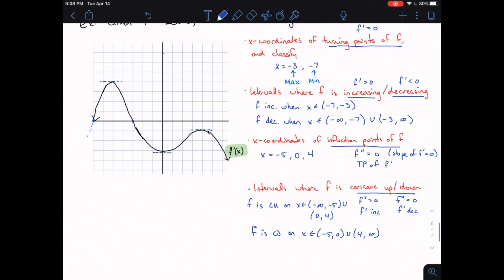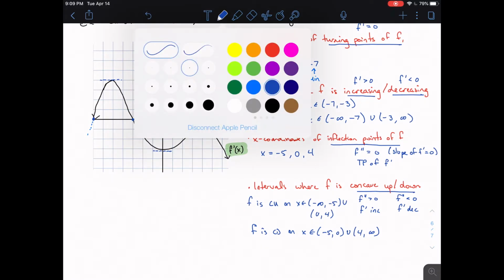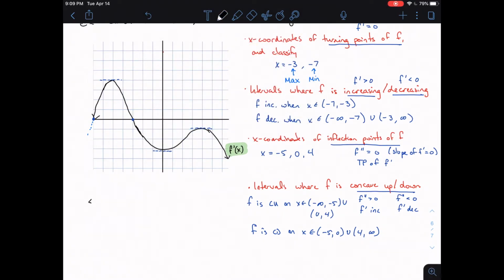All right, so we have all of this information. What can we do with it? Why do we have it? Well, it's here to help us out. So let's put a table together of everything we know. This table is going to start to get a little bit messy, but that's okay. I'm going to color code these. We'll do my turning points in green, and we'll do my inflection points in blue.